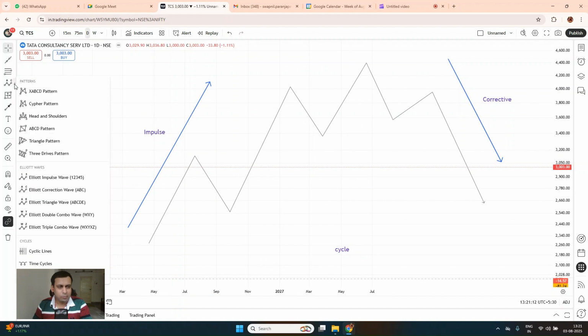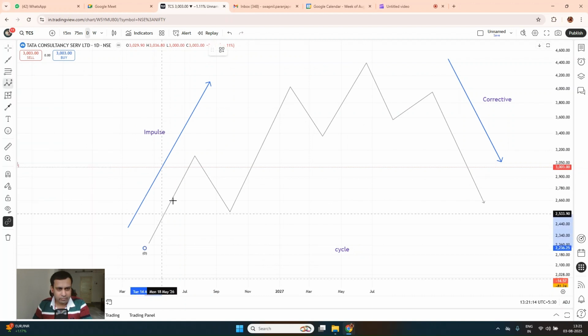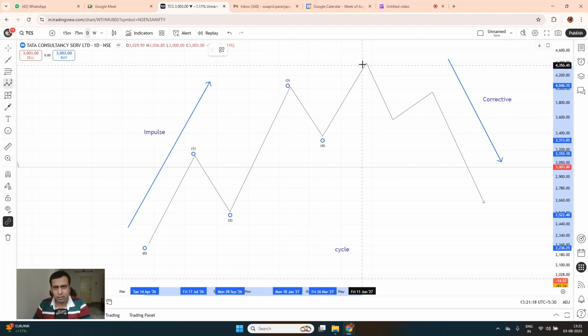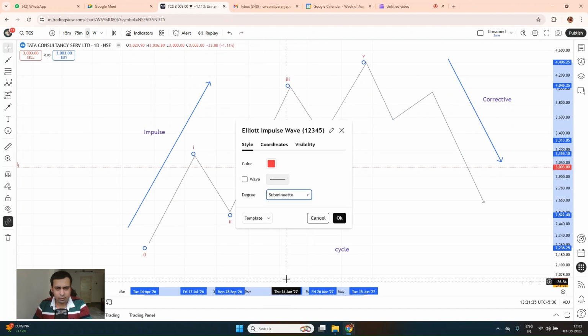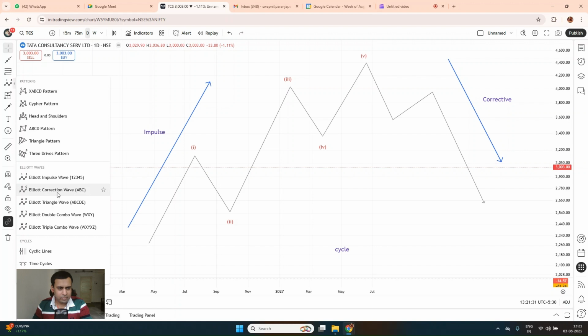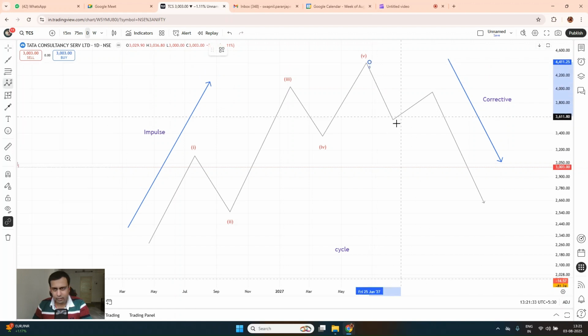Now, this impulse is made of five waves. Usually these are simply numbered or named as 1, 2, 3, 4, and 5. I'll just simply make it slightly bigger. And we have three waves in the corrective.